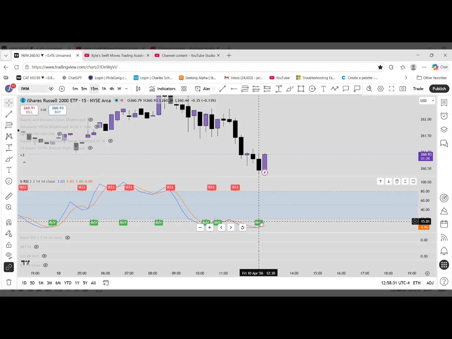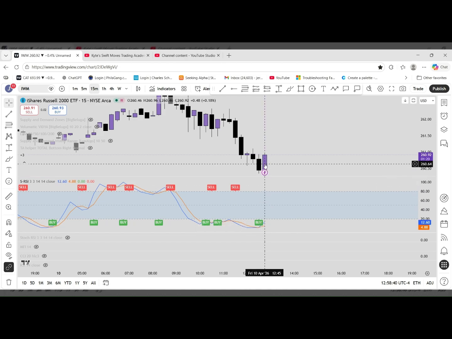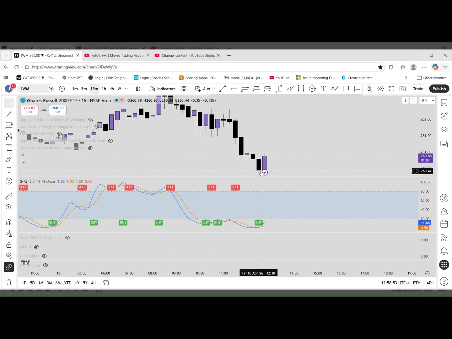I'll give you an example. I looked at this earlier as I was waiting on the last video to upload, and it said buy. And then it started formulating this candle. It started formulating that candle at 260 and 46 cents.